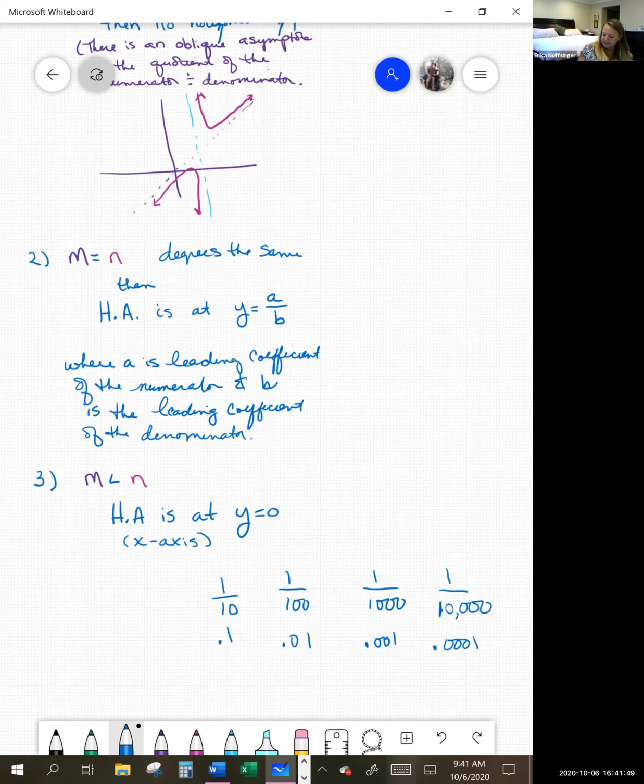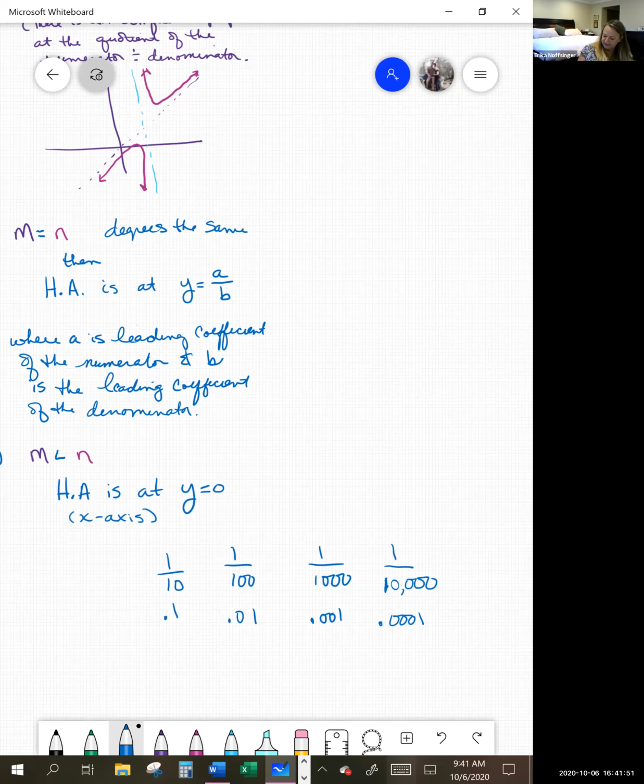As this goes to 1 over infinity, this is going to go to 0.